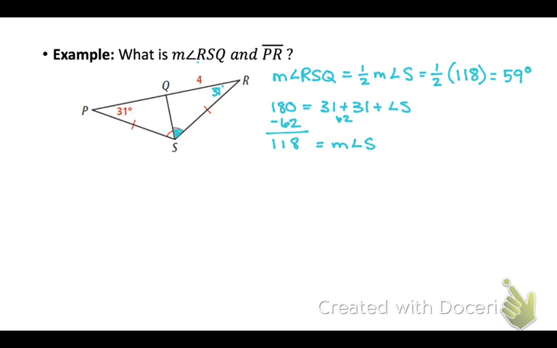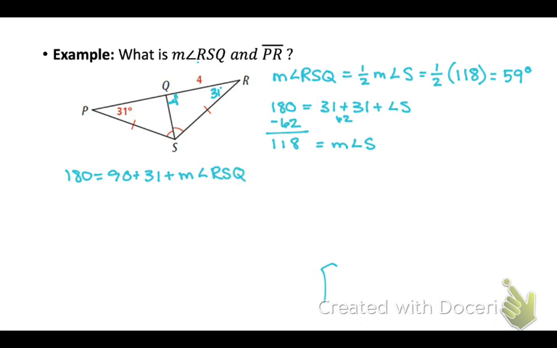Okay, now, could I also just look at this triangle right here? Yeah, because I know that this is 90, right? And I know that this is 31. So could I take 180 equals 90 plus 31 plus the measure of angle RSQ?